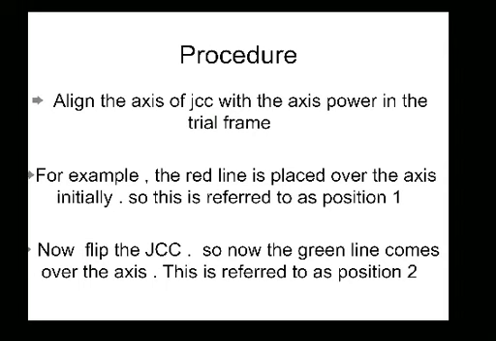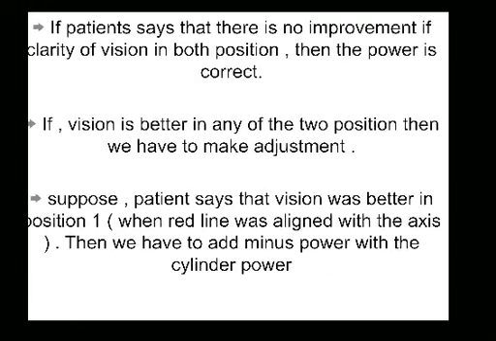Now the green line comes over the axis, and this is referred to as position 2. If the patient says that there is no significant improvement in clarity of vision in both positions, then the power is correct. And if vision is better in either position, then we have to make some adjustment.